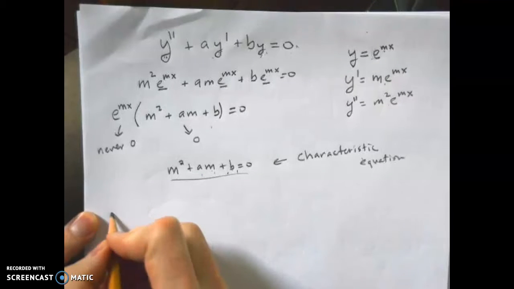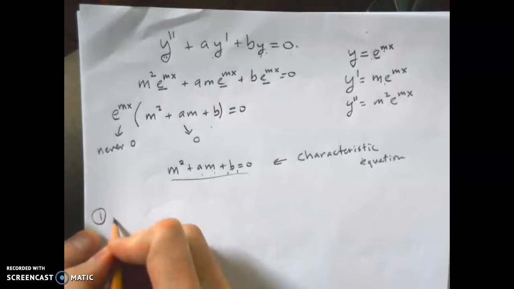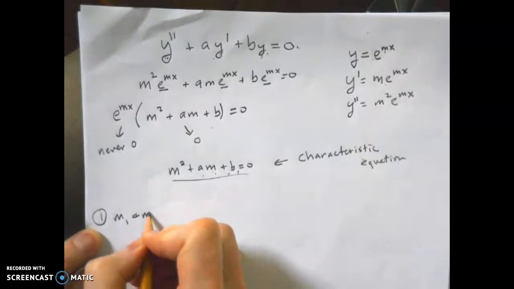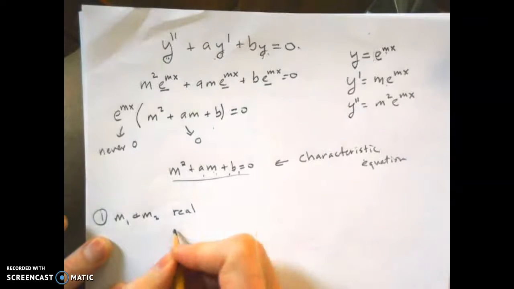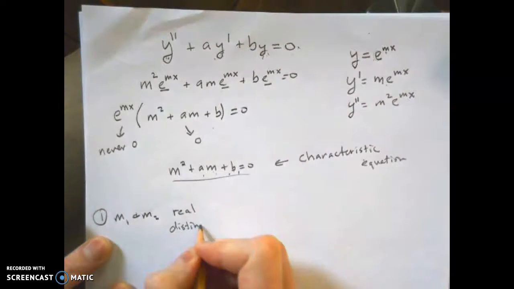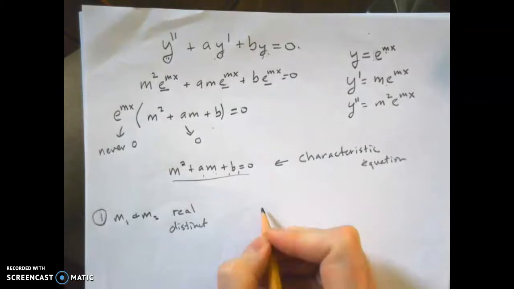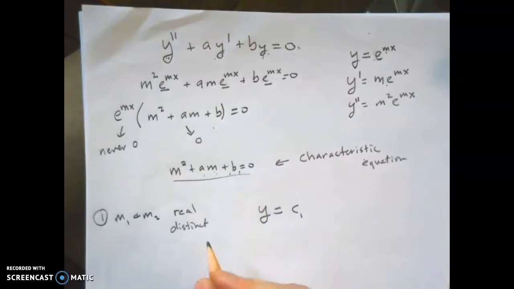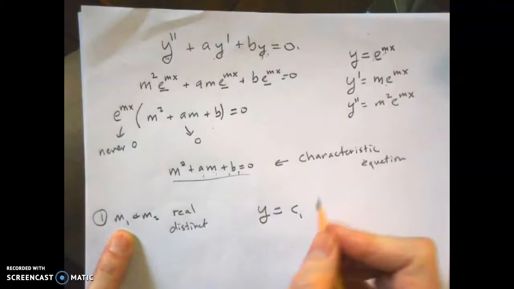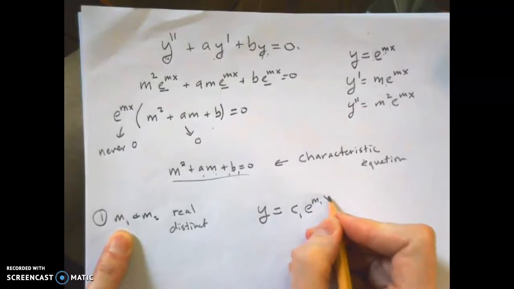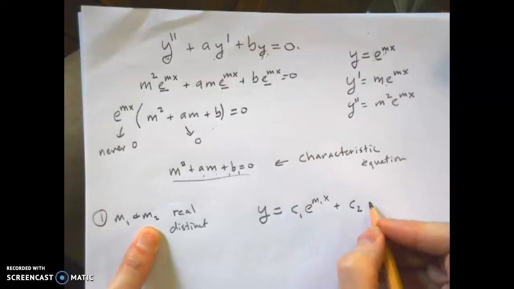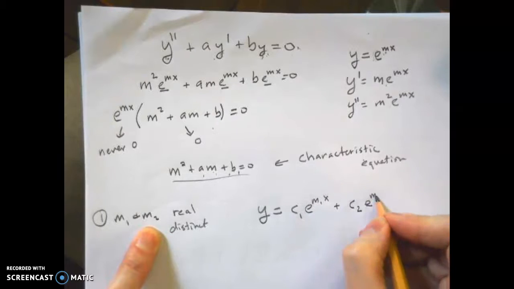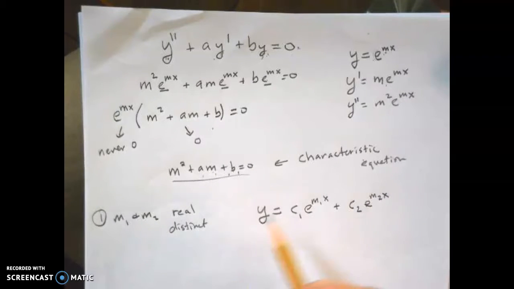So you could have case 1: m1 and m2 are real and distinct. And if that's the case, your general solution is going to be c1 times, and you plug in m1 for the first one, e to the m1x, plus, and then you plug in the second one, another constant, c2 e to the m2x. So your two solutions are e to the m1x and e to the m2x.